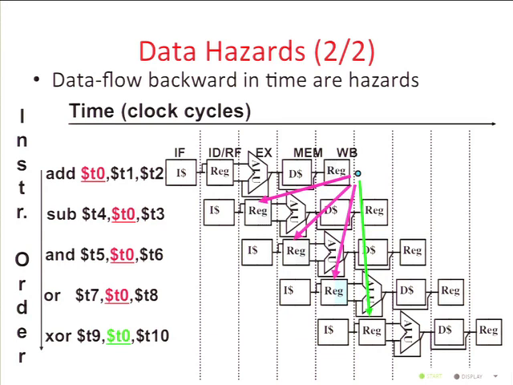So how are we going to fix these? What are our options for fixing data hazards? Anyone want to come up with something? Okay, so you could get rid of pipelining.